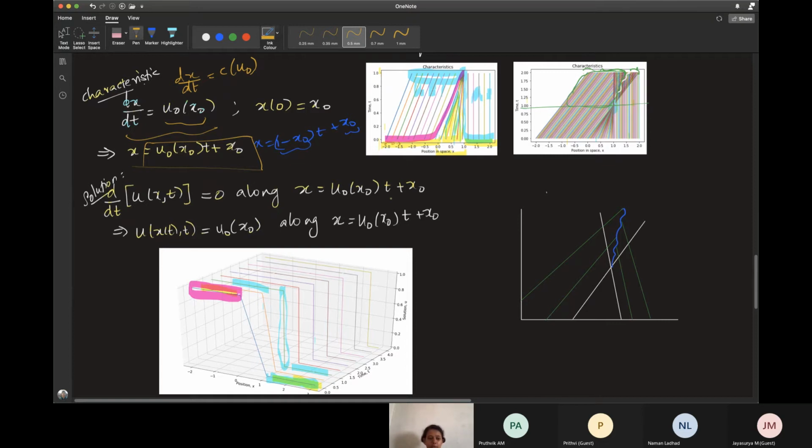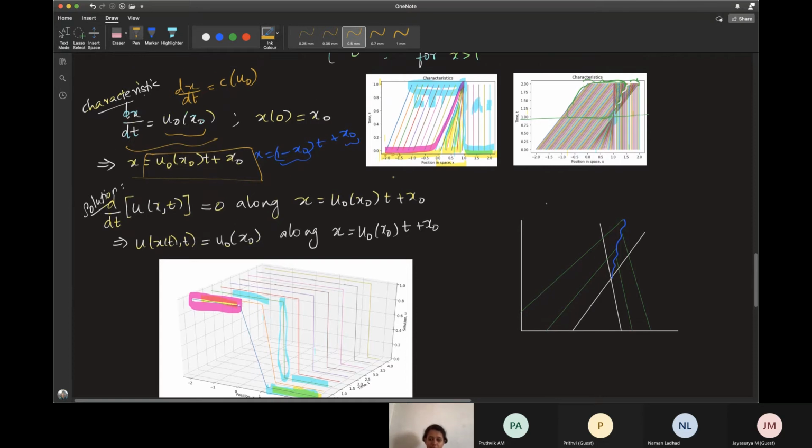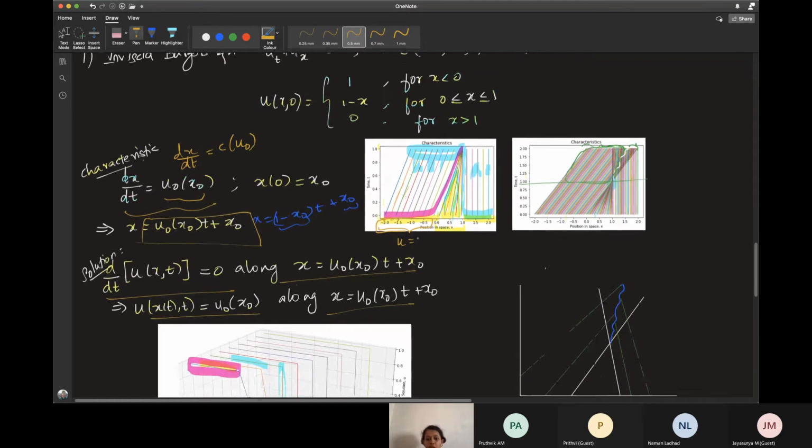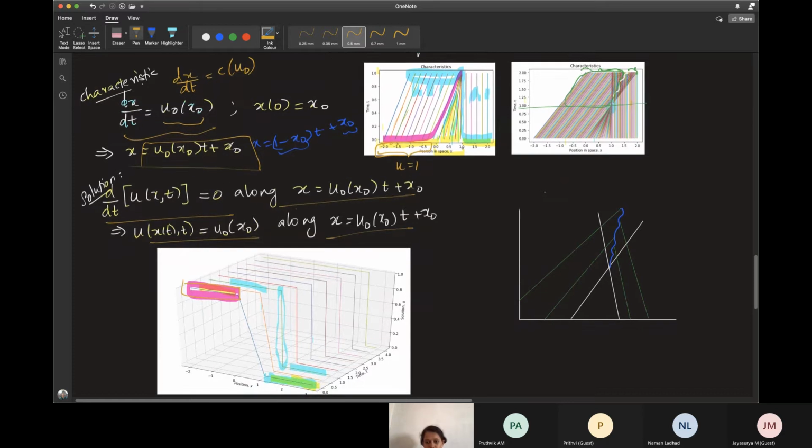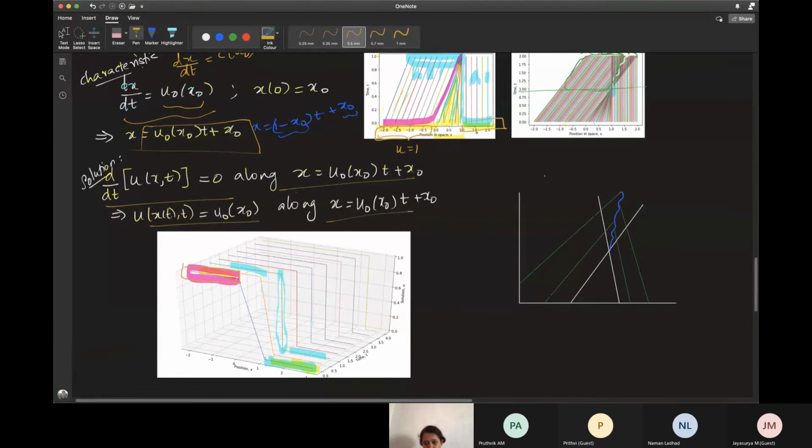Now the solution is defined, and along the characteristics the solution is constant. So we got these, and you use u equals u naught of x naught along these curves. Along each and every curve, you have your u to be constant. In this region u is defined as 1, and in this region u is defined as 0.